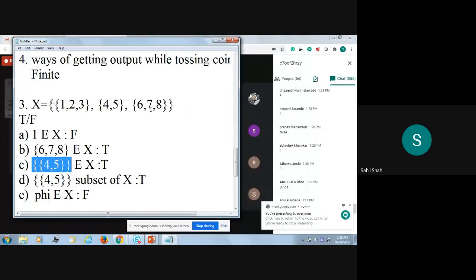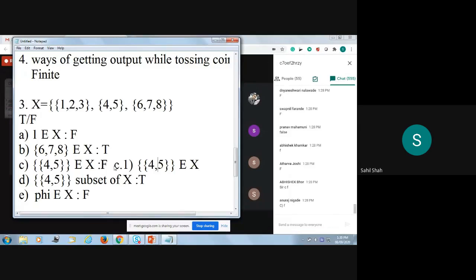We are not observing anywhere with the two braces 4, 5 present. So this would be false. If you want to make it true, you should not have this extra bracket.